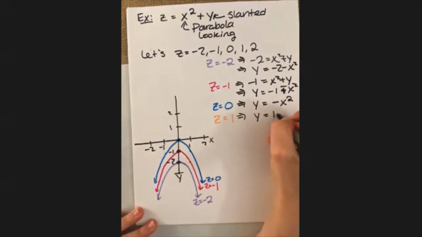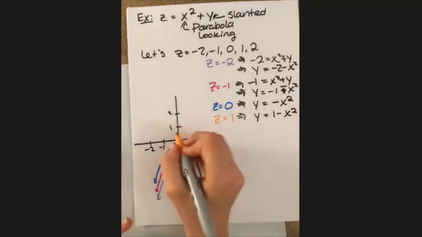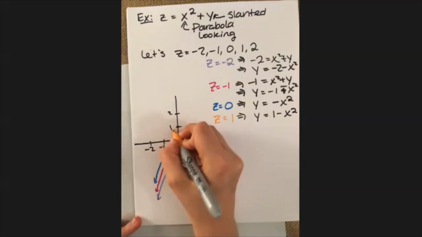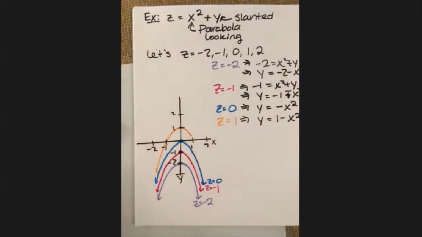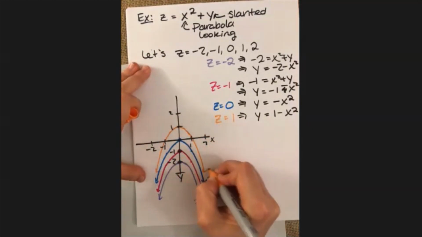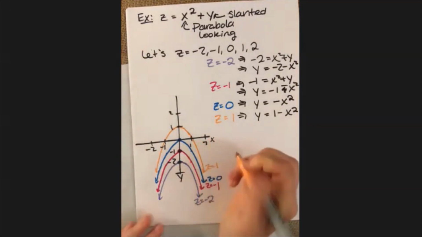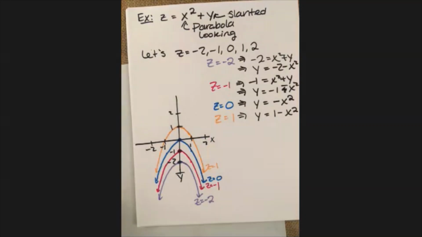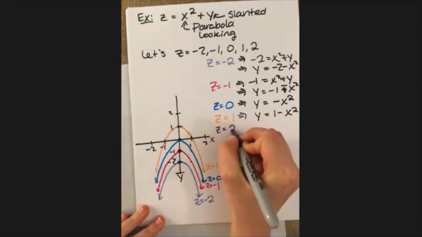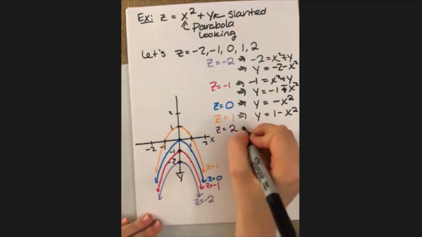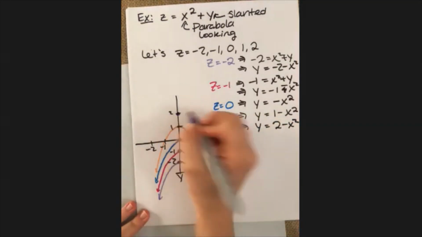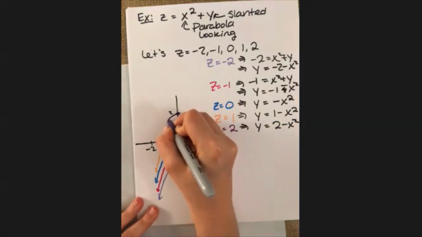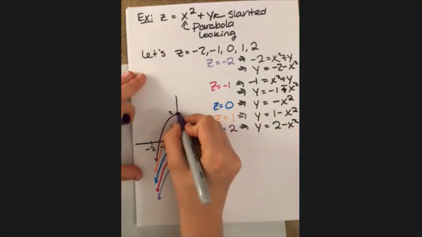So you'd have y equals 1 minus x squared. So our base point is here at 1, and it's just downward facing. Like so. And finally, we can look at the point z equals 2. And that one gives us y equals 2 minus x squared. So that's just the parabola, base point at 2. Faces downward.